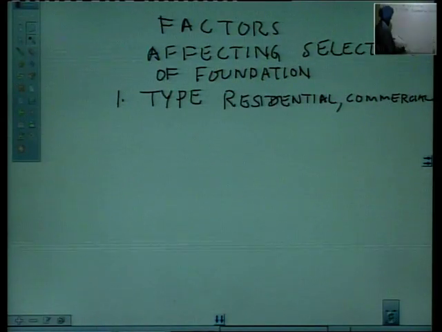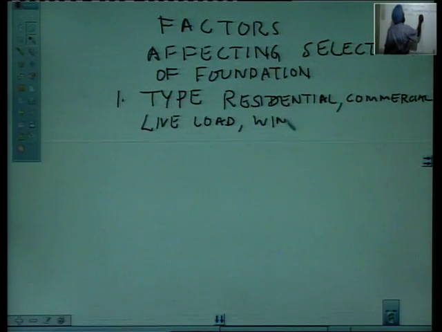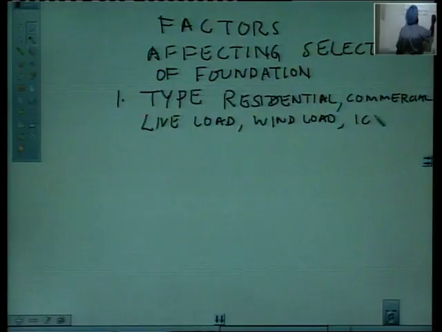So type of loads are to be decided: live load, wind load, there are ice load also, if you are in some hilly area.